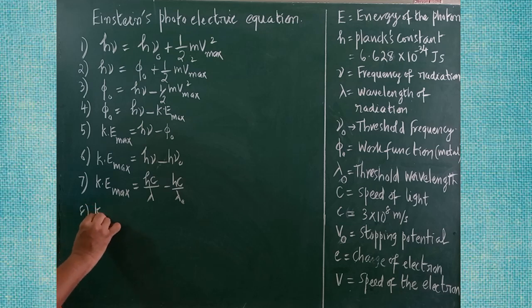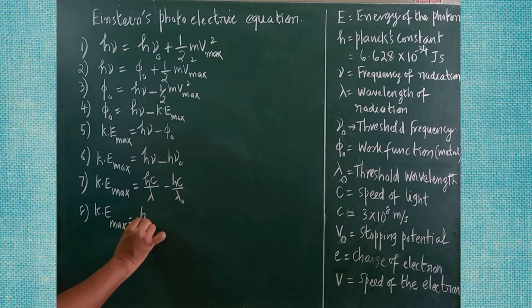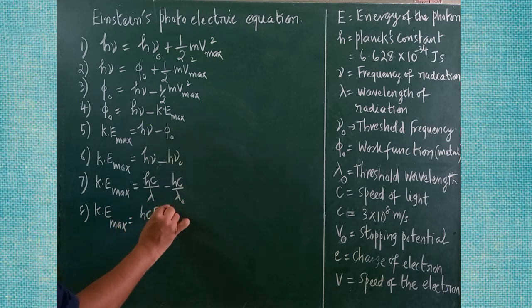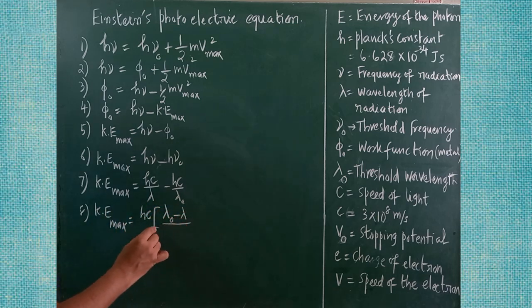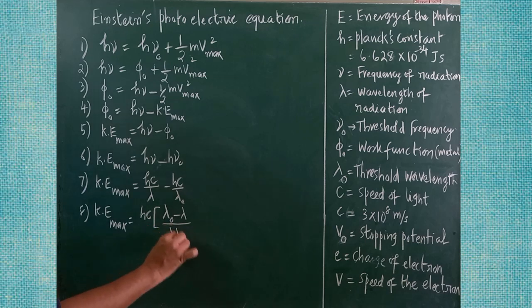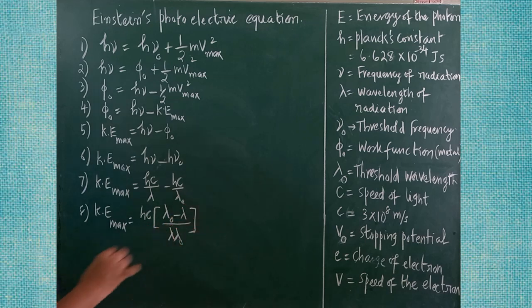Are you clear? Ke max is equal to hc, which can be taken as a constant factor, and after taking the constant factor out and simplifying, we can write it as lambda naught minus lambda divided by lambda into lambda naught. So this is another formula available from the main formula.